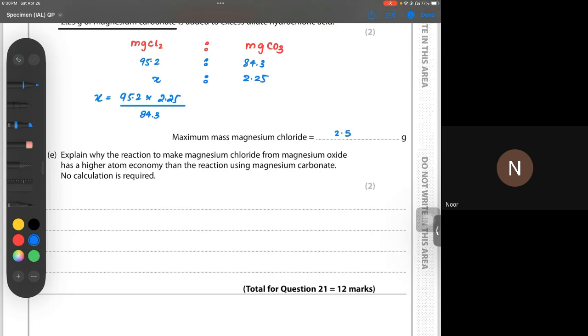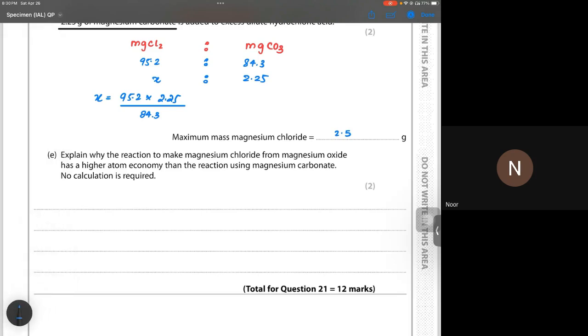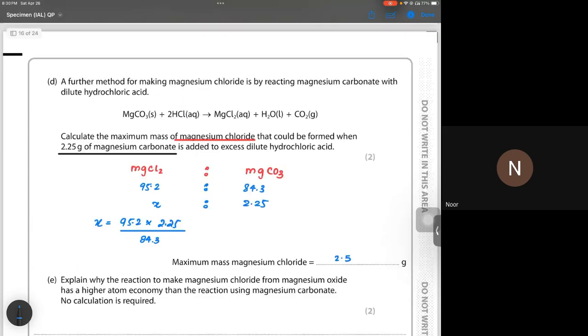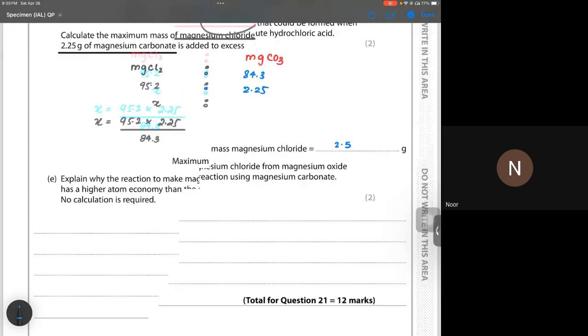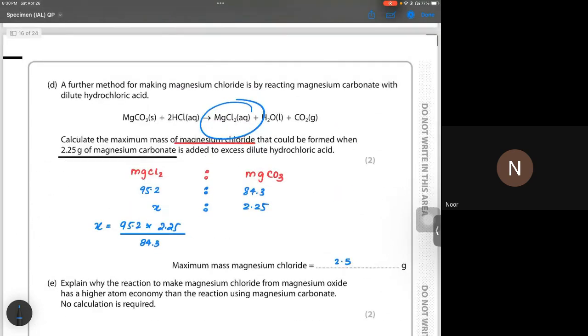It's of 2 marks. You can see why the reaction to make magnesium chloride from magnesium oxide has a higher atom economy.